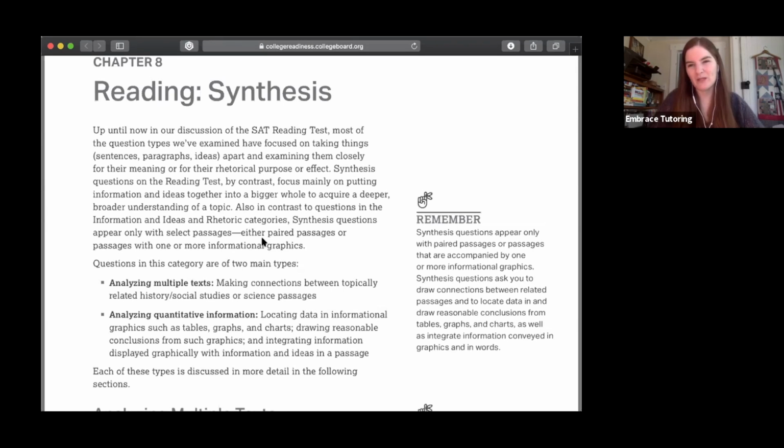It's a very basic level still, but it's in that category. Another thing to note is that synthesis type questions ask you to integrate information that's visually or graphically displayed with information and ideas in the passage. Okay.